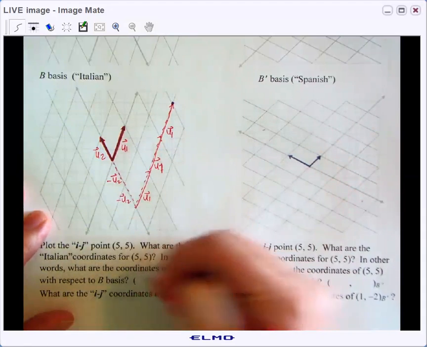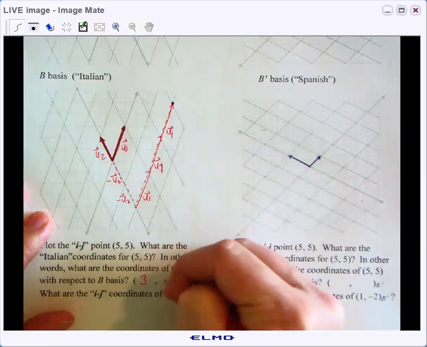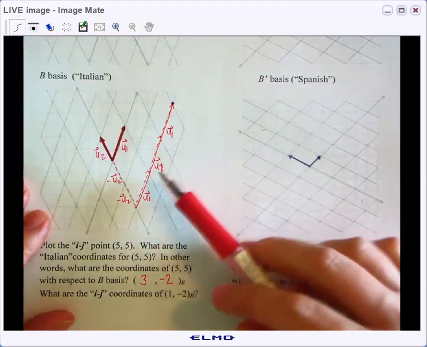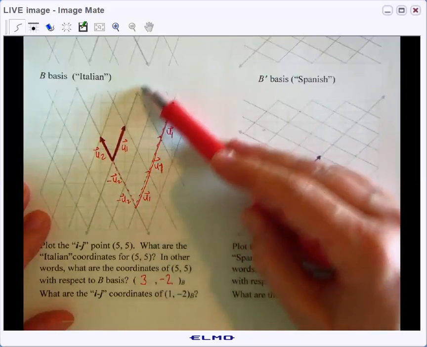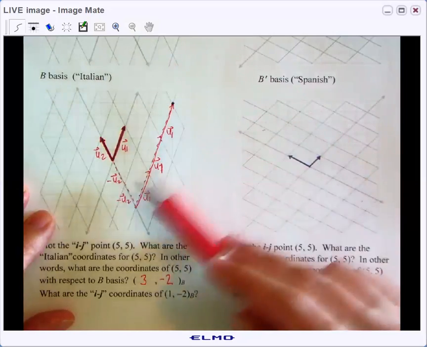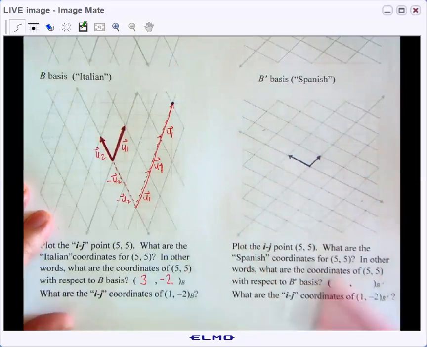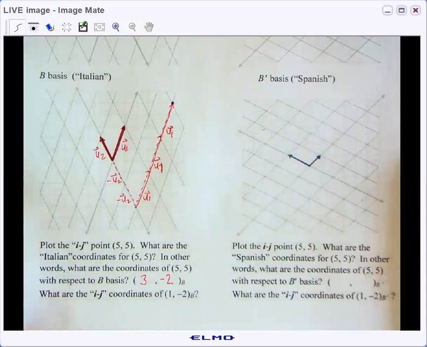So the coordinates with respect to this B basis are 3 and negative 2, because we go in order. How many of the first vector do we need? I could have gone up like this and then come back. It was just a little easier to see like this. Okay, I'm going to pause right there so we can keep our videos about 10 minutes and pick up in the next one.